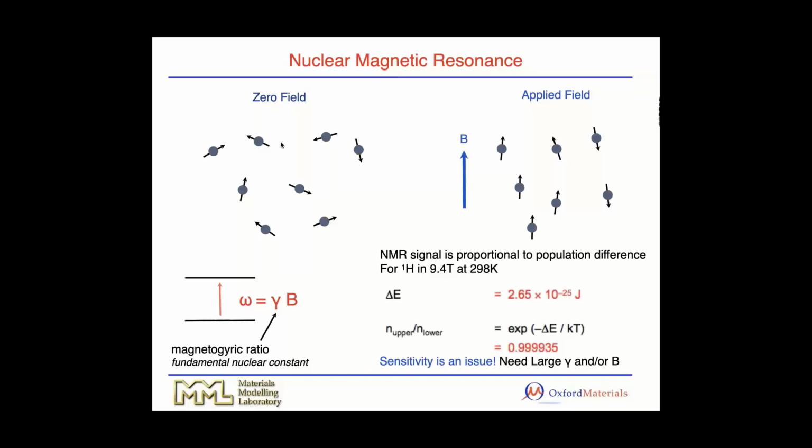So at typical fields, 10 Tesla, that we might have in a typical lab spectrometer, and at room temperature, the populations aligned with and against the field are almost equal to each other. Okay, so it's a very small population imbalance that we're trying to measure. So you're not going to be measuring NMR from a single atom, you're going to be measuring it for an ensemble across the crystal, and that's important to keep in mind when we interpret what we see in the calculations.